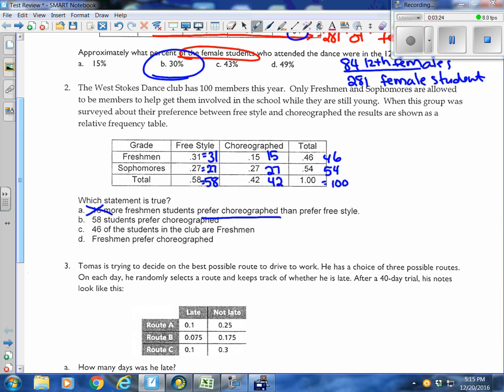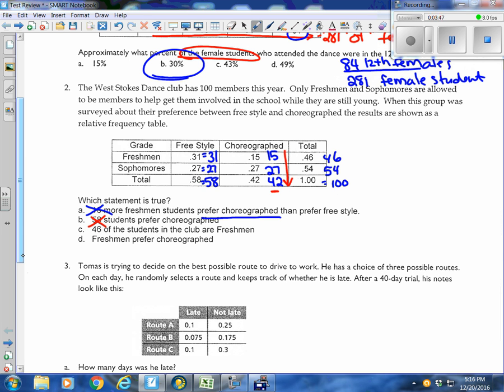A is out. Letter B, 58 students prefer choreographed. So if I go to choreographed and I come down, the total is 42. Obviously, it's not 58. I don't like choice B. Letter C, 46% of the students in the club are freshmen.